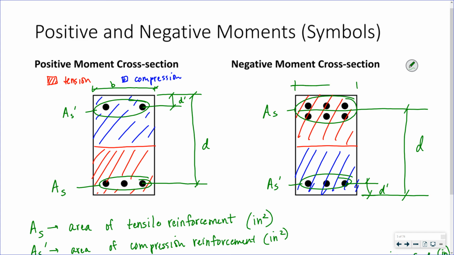I still have the cross-sectional width of B. So it's the same thing as the positive moment, just upside down. These are the symbols you're going to be very familiar with by the end of the class: AS, AS prime, D, D prime, and B.